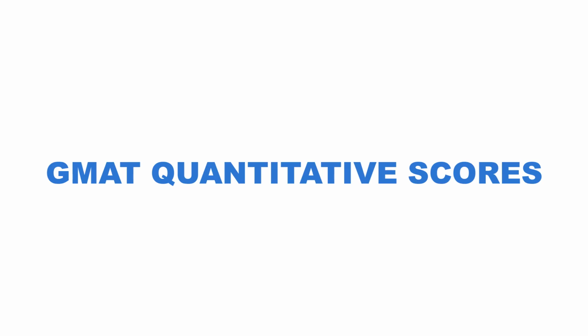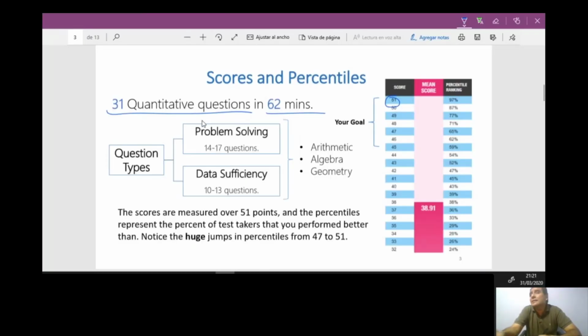These scores don't correspond to an exact number of questions answered correctly. As I said, it depends also on the level of difficulty of the questions you answered correctly or incorrectly. Okay?